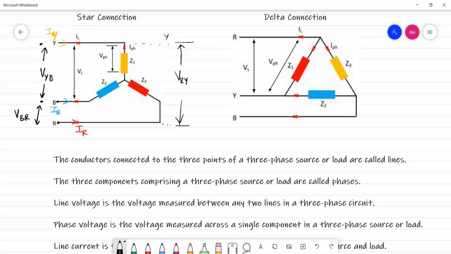This point is said to be the neutral, and the voltage that we measure between the R phase and the neutral is VRN, the voltage between the Y phase and neutral is VYN, and the voltage between the B phase and neutral is VBN. So these are the phase voltages of a star-connected system.